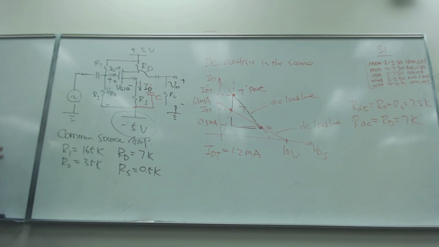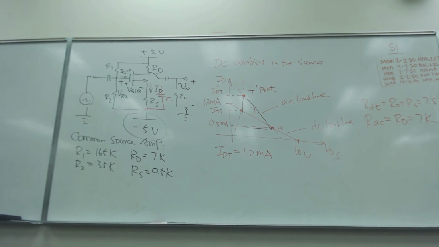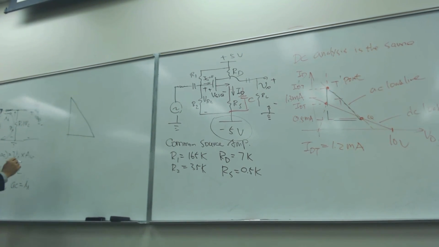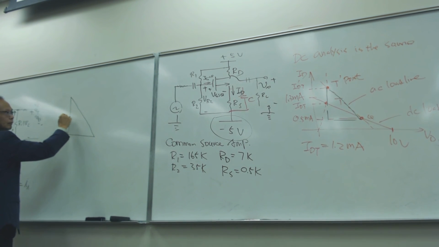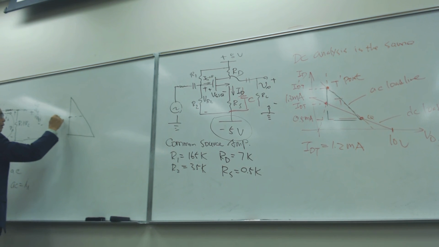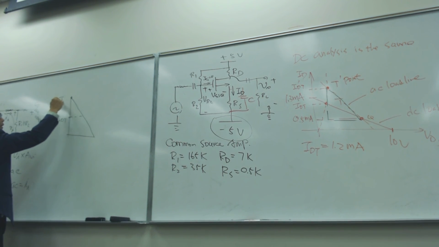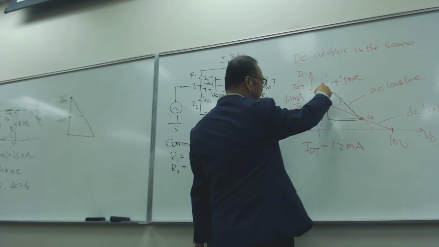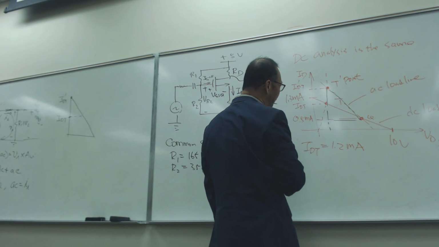This one is IDT, this is IDT prime, correct? And what is the base? If this is vertical, what is the base right here?